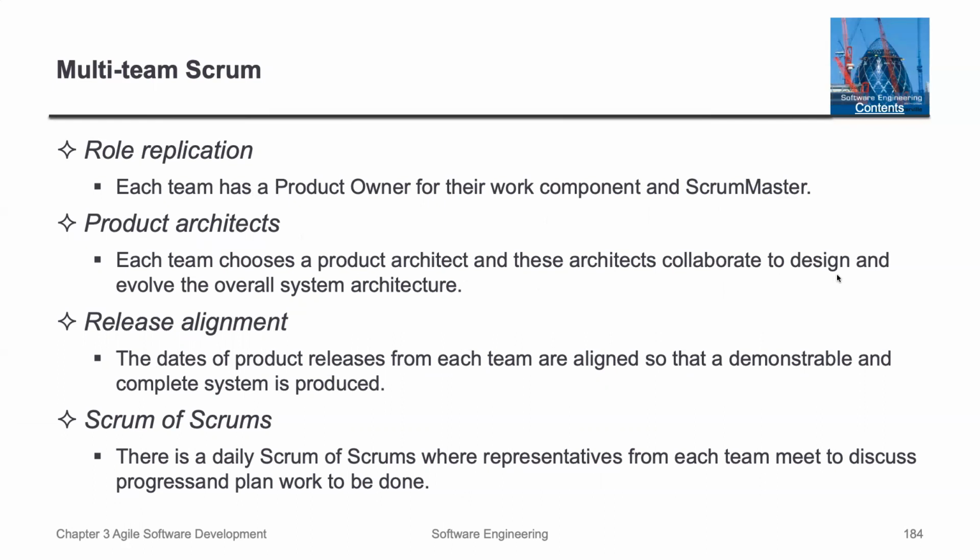These architects collaborate to design and evolve the overall system architecture. You need to be thinking in terms of release alignment, so that the dates of product releases from each team are aligned and a demonstrable and complete system is produced. And finally, in the Scrum of Scrums, there is a daily meeting where representatives from each team meet to discuss progress, plans, and work to be done.